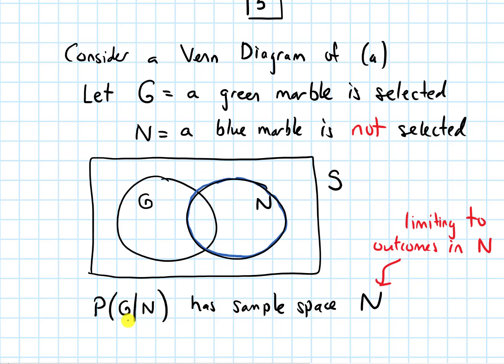Okay, and in this context, we are trying to find the probability, given that we're in N, that G occurs. So if we're within the N circle, G occurs if we happen to be in this intersection. So we have a success if we are in this intersection. I'm going to shade that in a little bit.